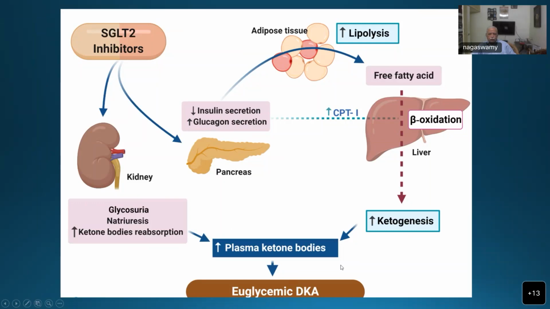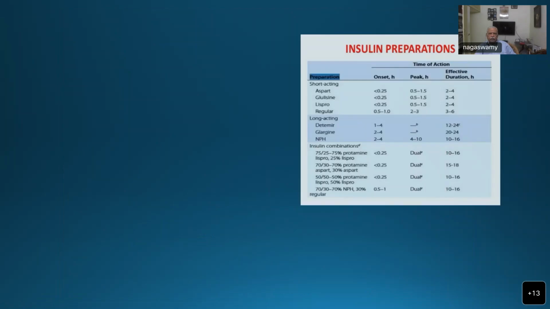So there are two sources for ketones with SGLT2 inhibitors. One is reabsorption of ketone bodies, and second is generation, or ketogenesis, by beta oxidation, both resulting in increased plasma ketones in patients who are being treated with this particular drug.